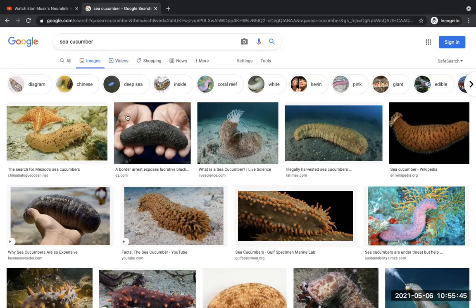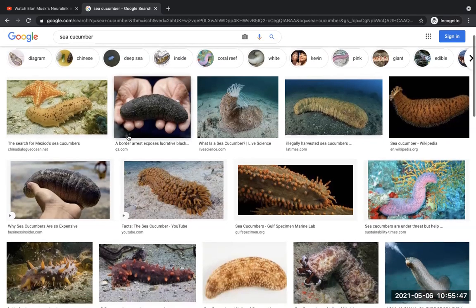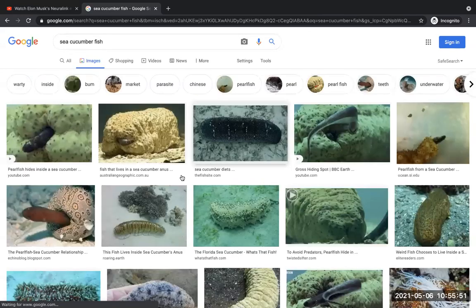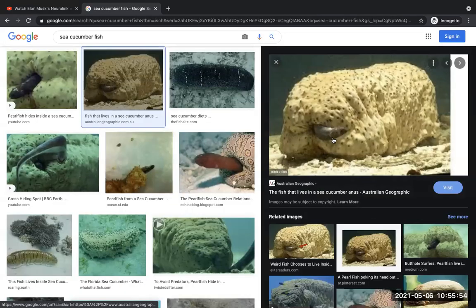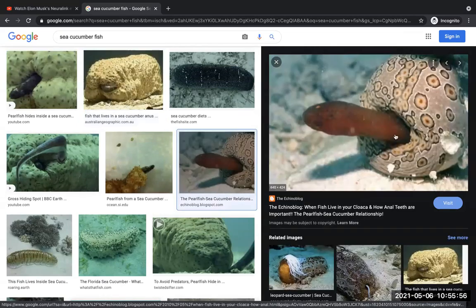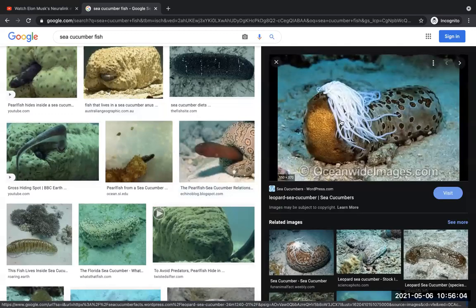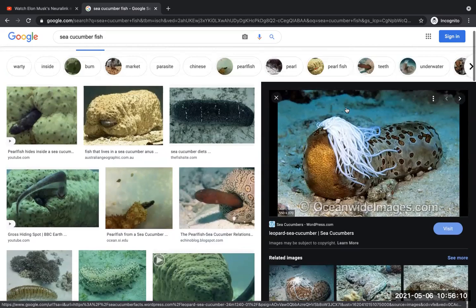And then sometimes there's this tiny fish that lives in the butt of the sea cucumber. Here. So it looks like a worm, but it's a fish. Lives in the butt of the sea cucumber. And if it gets upset, maybe you poke it or something, it's going to eject all the intestinal stuff outside. That's what it looks like. So it just gets mad and ejects everything that's on the inside.